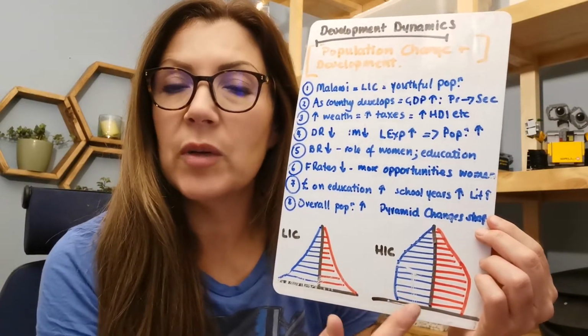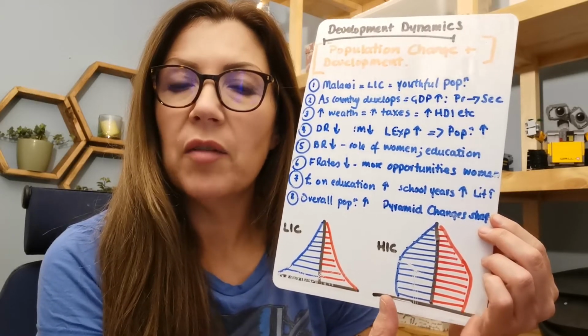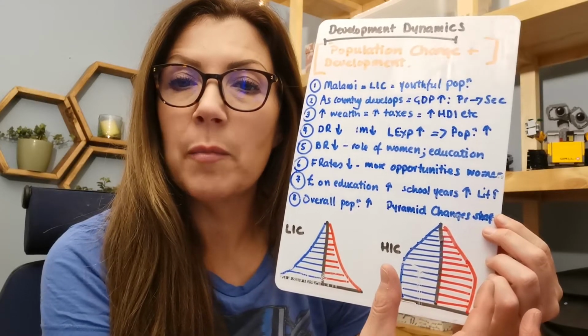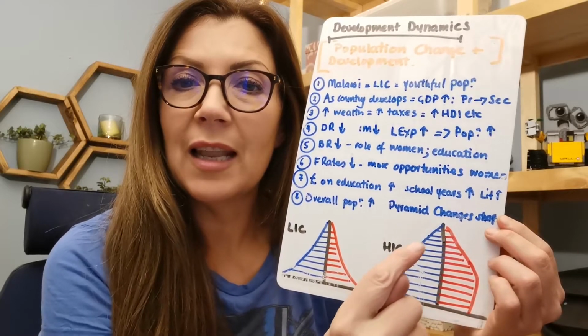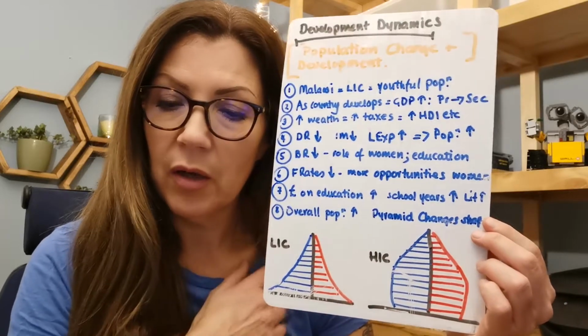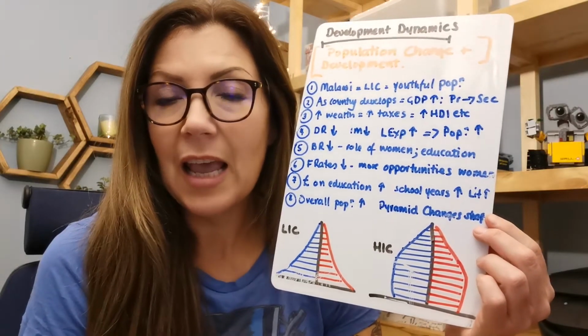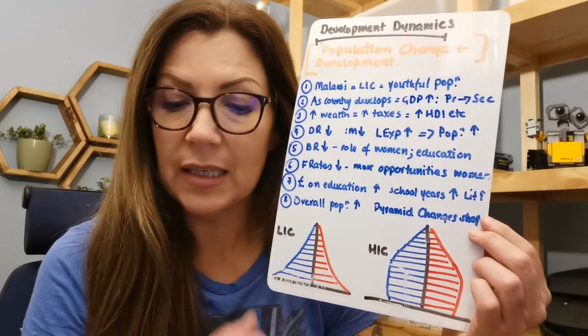And what starts to happen is we start to move into a population pyramid of this shape. The birth rates are decreasing, so the base gets narrower. People are living longer, so the middle section gets fatter, and then it gets taller because fewer people are dying at the top. The overall life expectancy is increasing, infant mortality is decreasing, birth rates are decreasing, and death rates are decreasing as well.